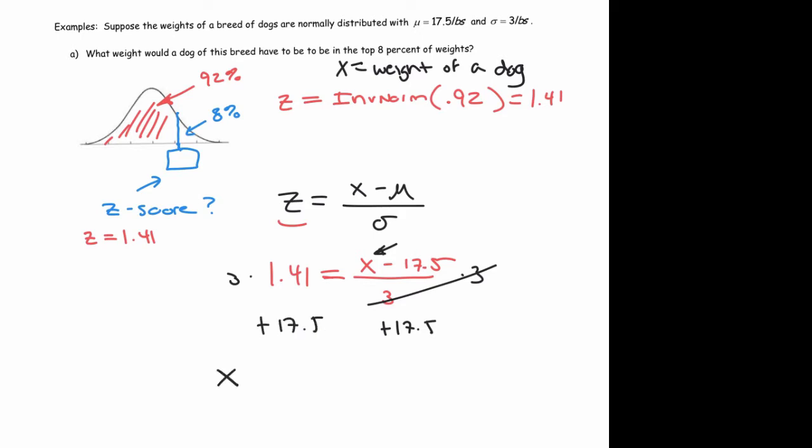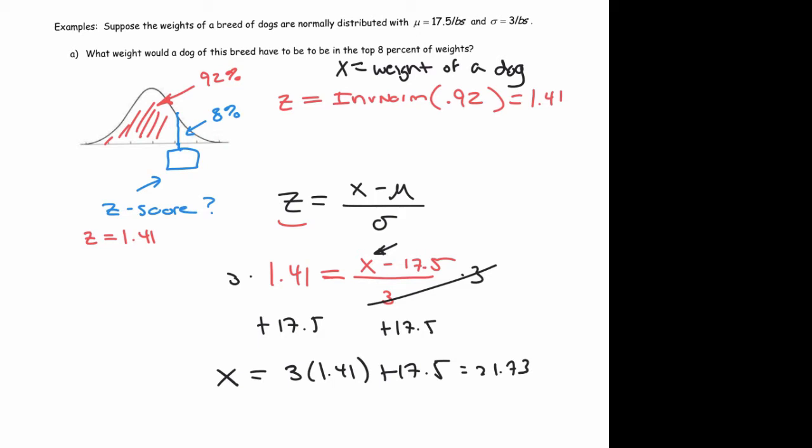So in general, it's 3 times the z-score plus 17.5, and that will get you the actual weight of the dog. So 3 times 1.41 plus 17.5 is 21.73.